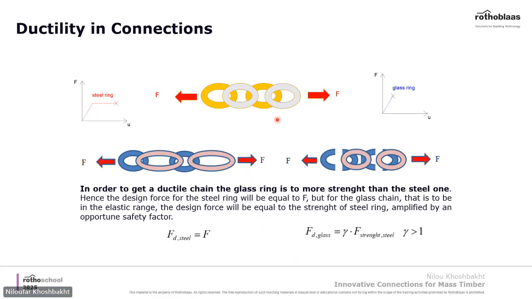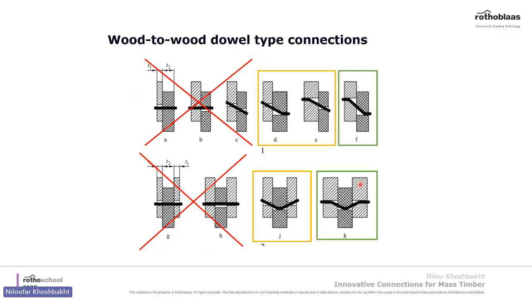We want the steel to yield first here, because if the strength of the steel is less than the glass, it yields, but it doesn't break, so the whole chain doesn't break. But if the strength of the steel is higher than the glass, the whole chain will break. So we want the steel to yield first here. The same concepts apply to connections.